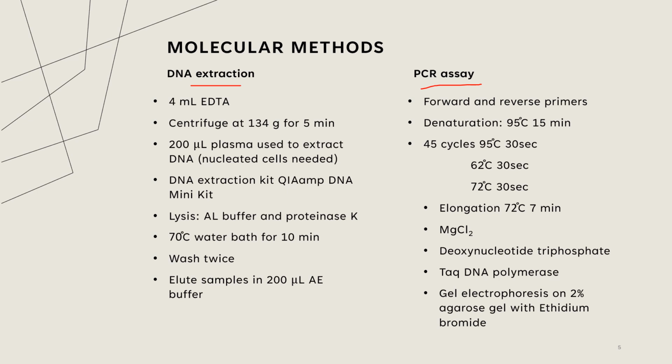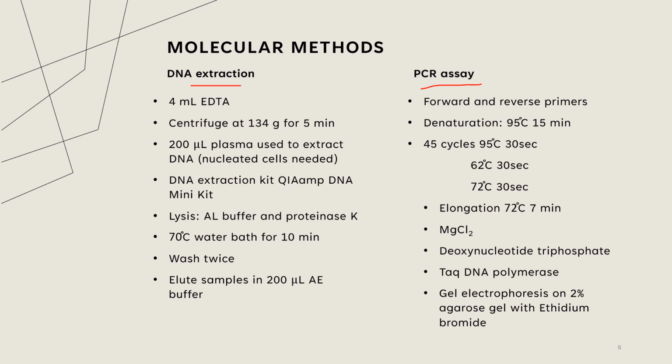For the PCR assay, they used forward and reverse primers. Denaturation occurred at 95 degrees Celsius for 15 minutes, followed by 45 cycles, starting at 95 degrees for 30 seconds.